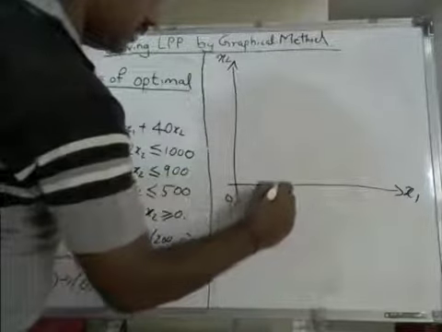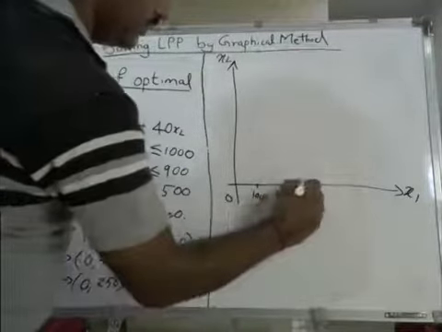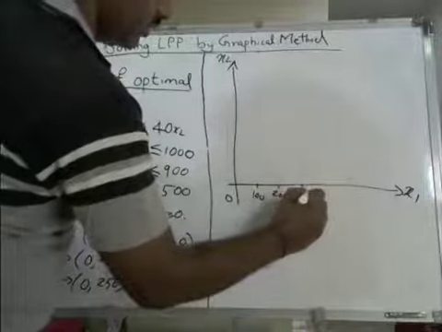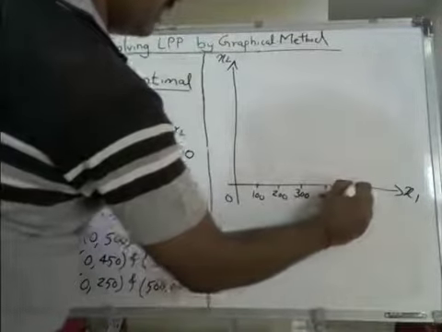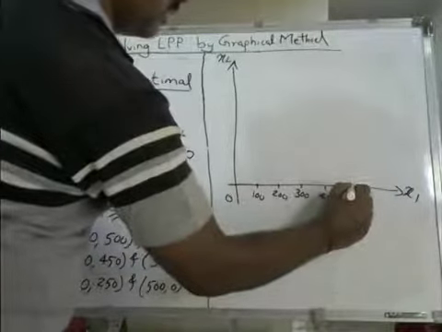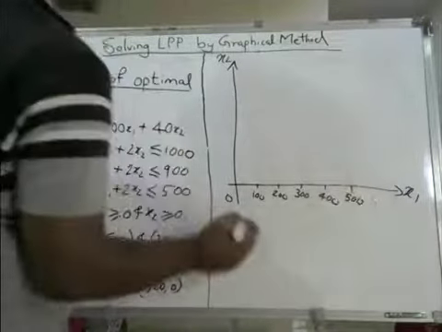This is 100, 200, 300, 400, and this is 500.